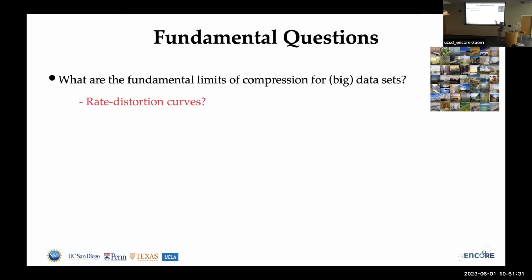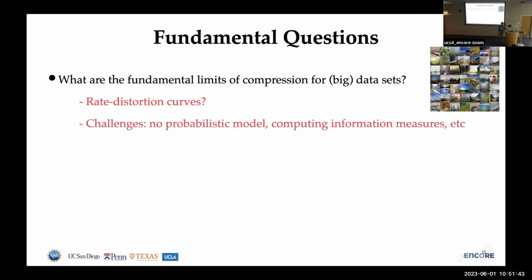Well, when talking about fundamental compression limits, information theory provides a concrete framework based on the rate distortion formulas to answer this question. However, the rate distortion framework is based on knowing that data comes IID from some known probability distribution, and you can optimize mutual informations and so on. These are all very challenging in the context of big data sets.